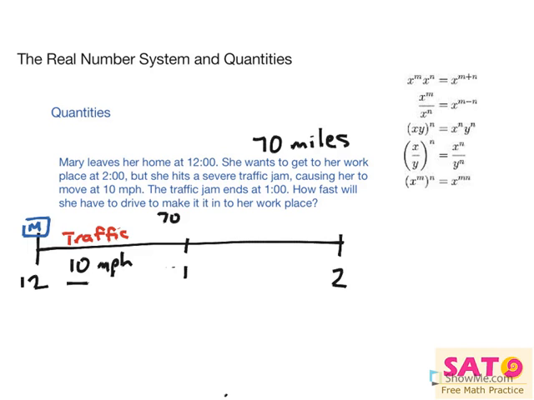But in the second hour, she has to drive 60 more miles. So in order for her to arrive in time, she would have to drive at 60 miles per hour in this hour. And that makes it so that overall, in her 2 hours, she drives 70 miles.